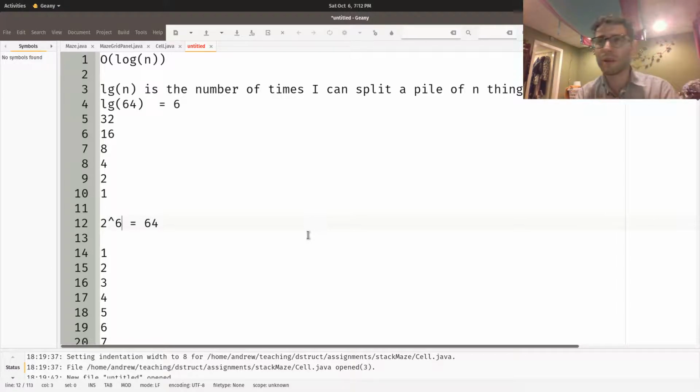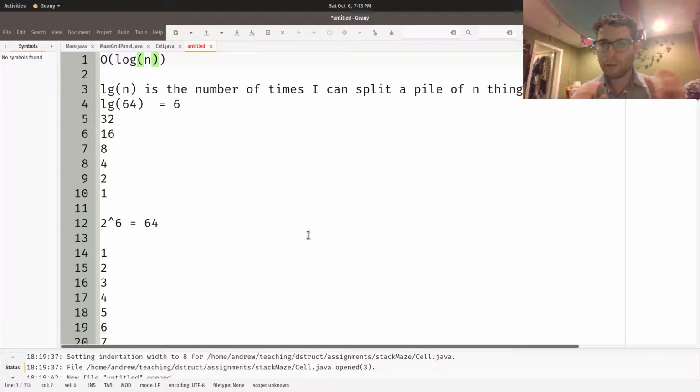And that's what it means when we have a log n. It means it's the number of times I can split it in half. So what does big O log of n mean? That means that effectively I'm in a class of algorithms where each step of the algorithm doesn't just compute one unit of work like linear time, but does orders of magnitude better, where one step of work splits the amount of remaining work I have to do in half, right?